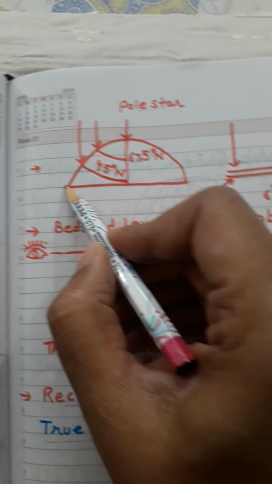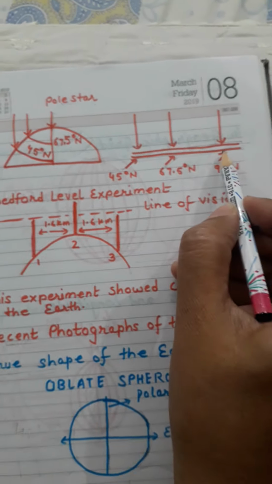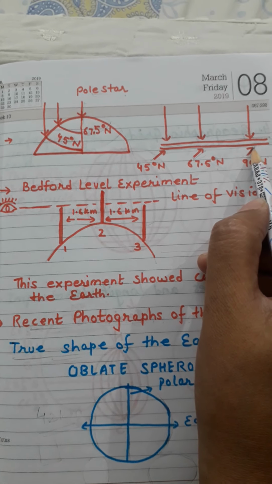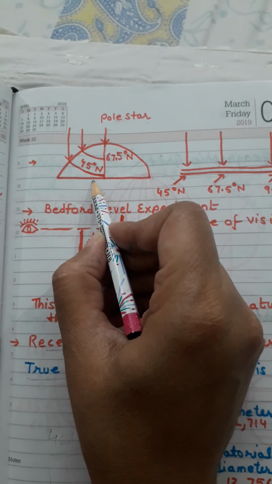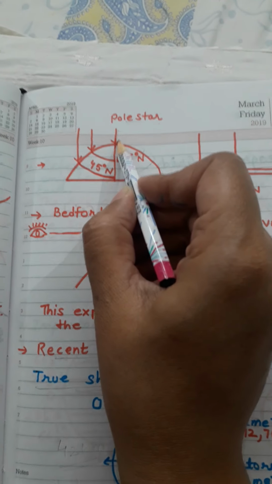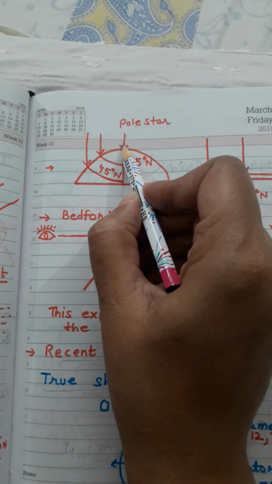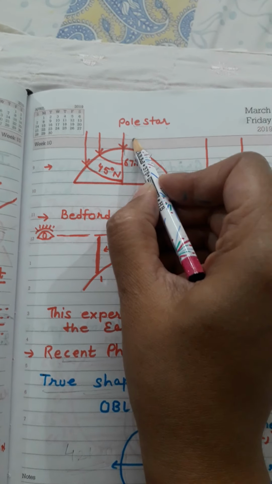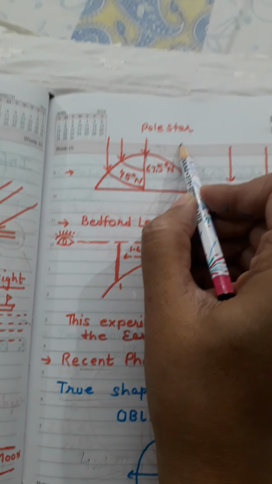Now see, again this is the spherical earth and this is the flat earth. Now in this, as we know, at the north pole, the pole star can always be observed at 90 degrees north in the sky.